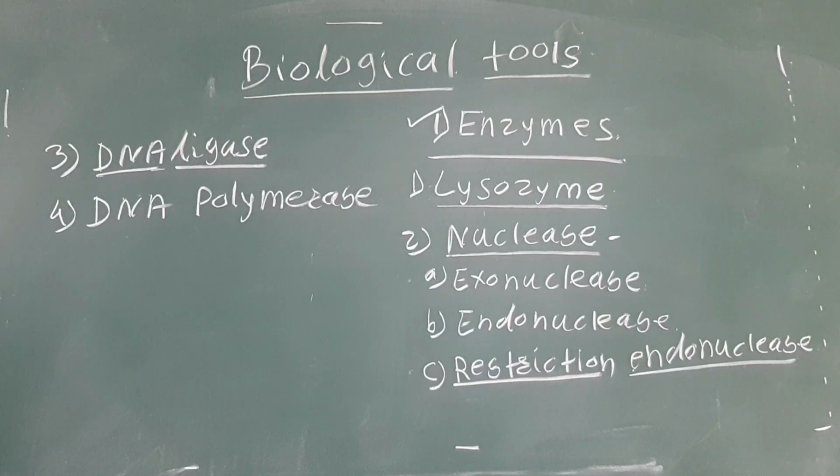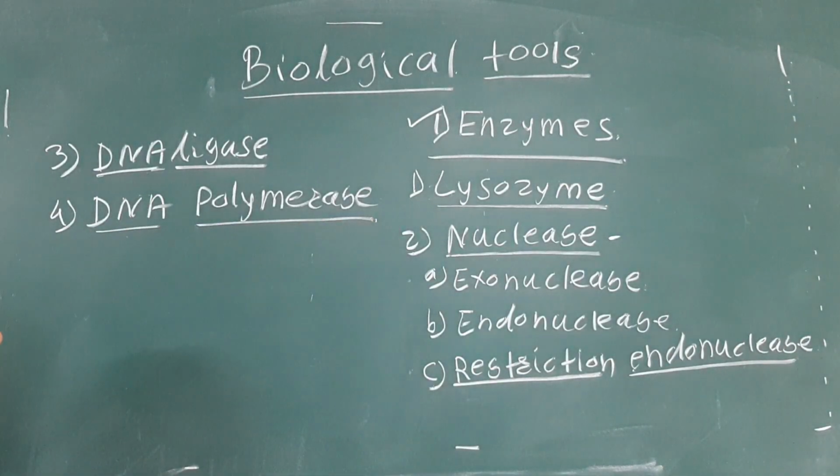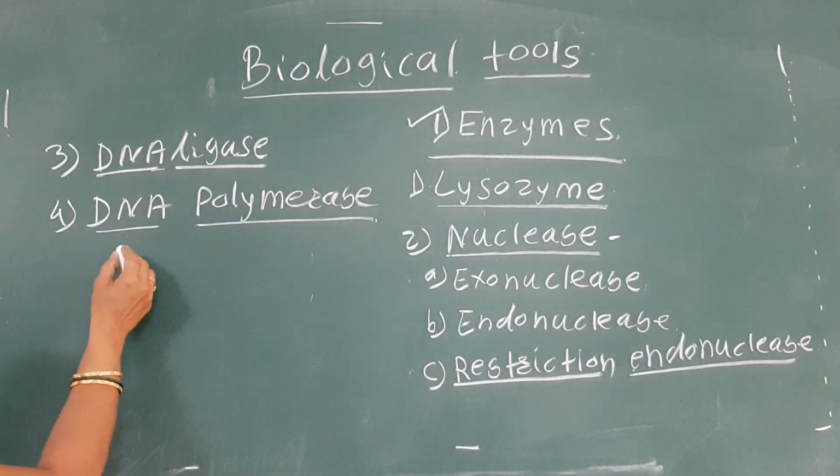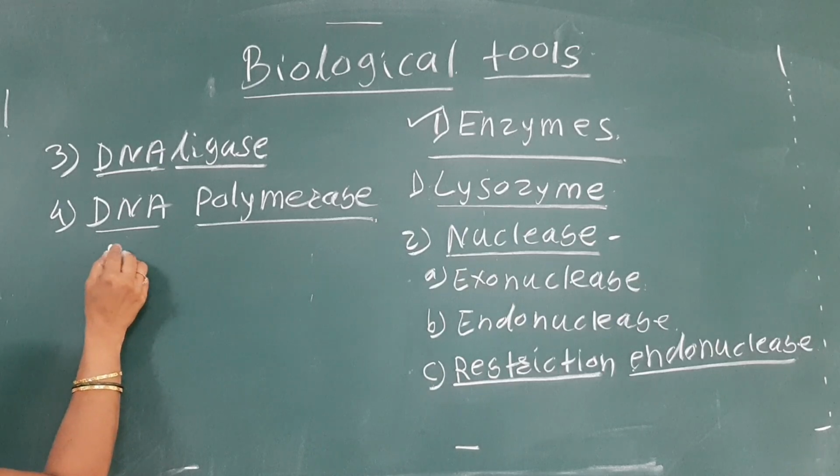So here the DNA polymerase enzyme mainly brings about the synthesis of complementary DNA on the DNA template. So this DNA polymerase enzyme is mainly used for the synthesis of DNA molecule.